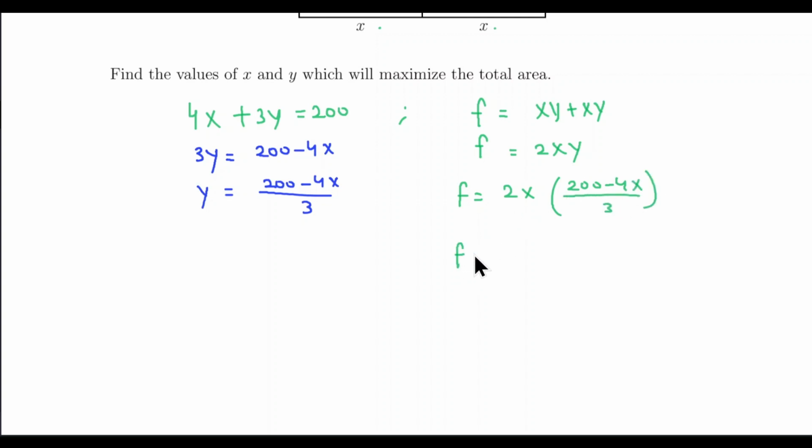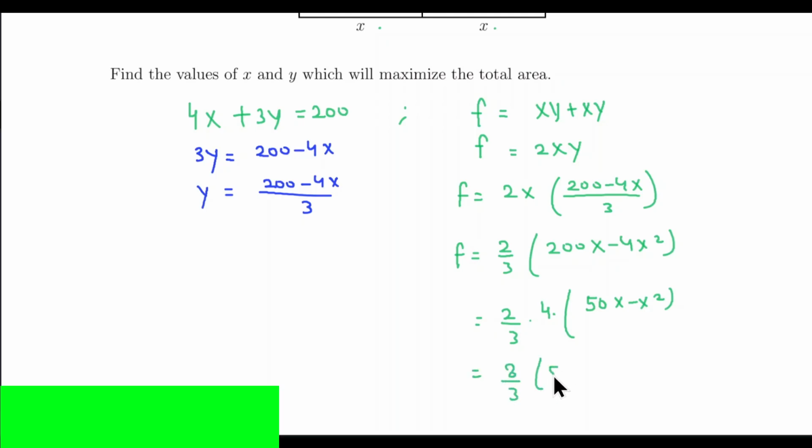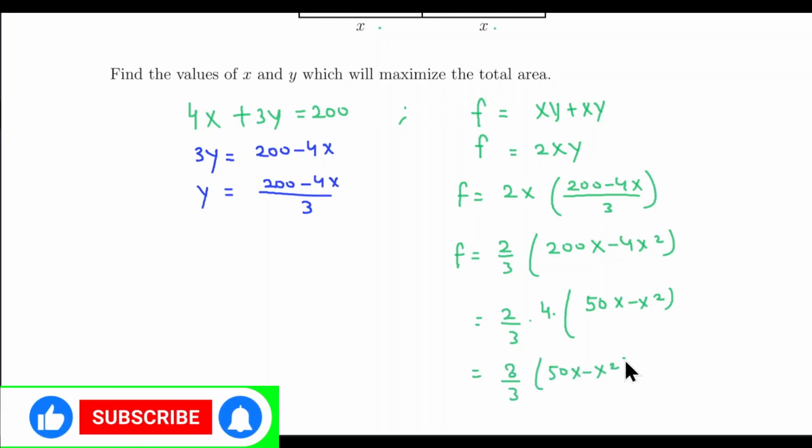So that looks like just 2 over 3 times 200x minus 4x square. If you want, we can take 4 out as a factor as well from 200. So it will look like 4 times 50x minus x square. So it's 8 over 3, 50x minus x squared. That's how it looks.